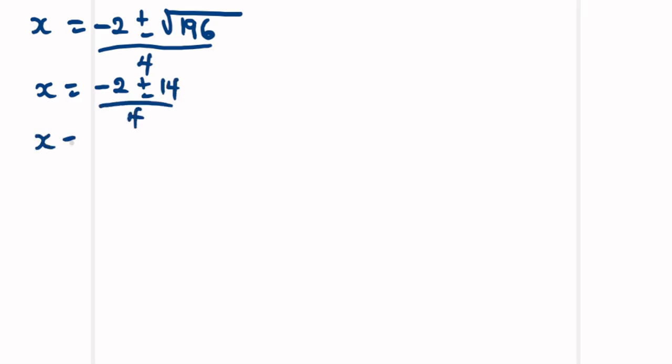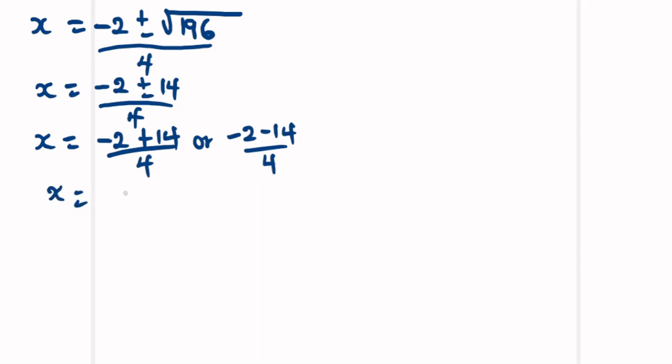So x is equal to minus 2 plus 14 over 4, or minus 2 minus 14 all over 4. So x is equal to 12 over 4, which gives us 3, or minus 16 over 4, which is minus 4.